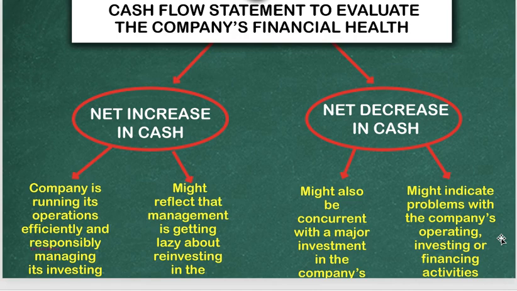And then dia relates lah, when you borrow money to buy asset, and do you use that asset to make more sales for the product? So this is how the company can assess each category of its activities. Okay, whether the operating is effective, whether investment is effective, or whether the financing is effective.